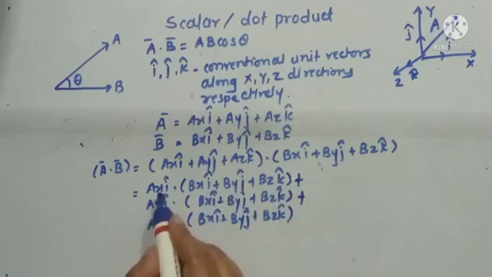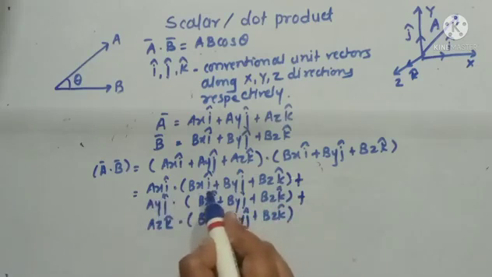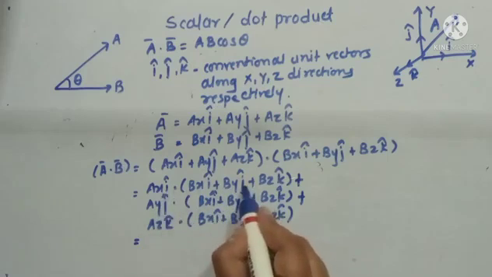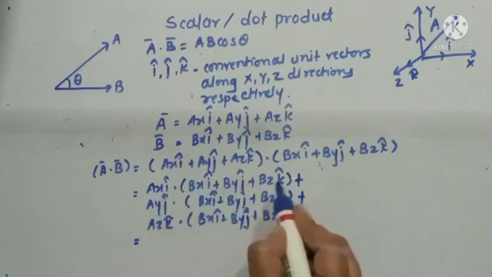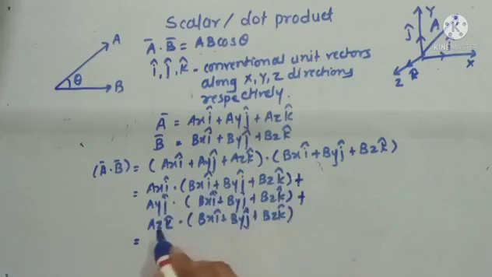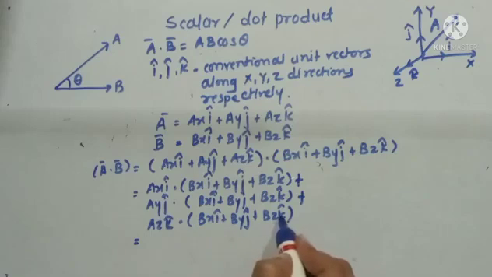So if I multiply AxI to each and every term inside this, what I am going to get is, we know that vector i dot vector j will be 0, vector i dot vector k will be 0. So only the terms with i dot i, j dot j and k dot k will remain, because k dot k is nothing but 1.